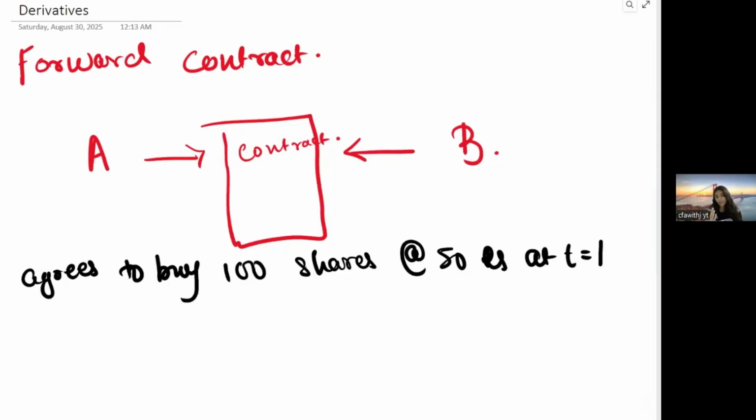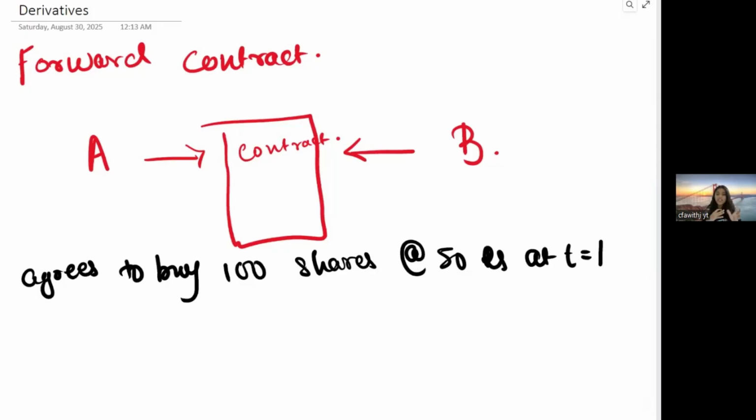Now there is a situation where it might happen that the spot price, or the current price, of these shares is 25 rupees. Even if the spot price is 25, A has to buy those 100 shares at 50 rupees only.